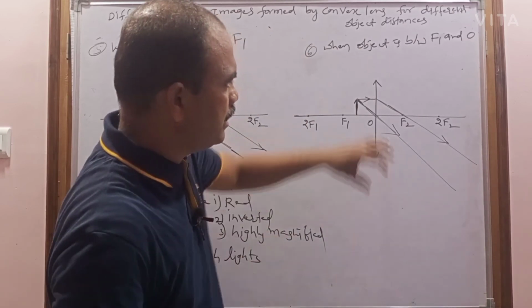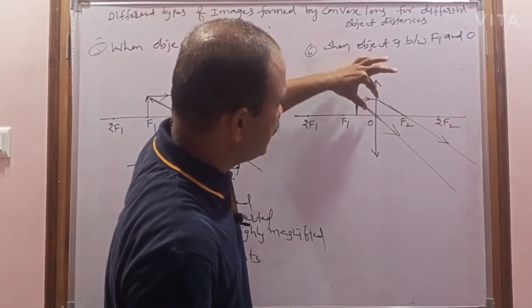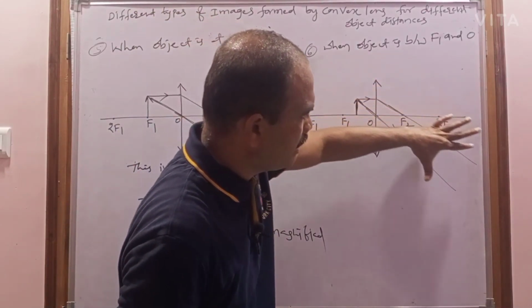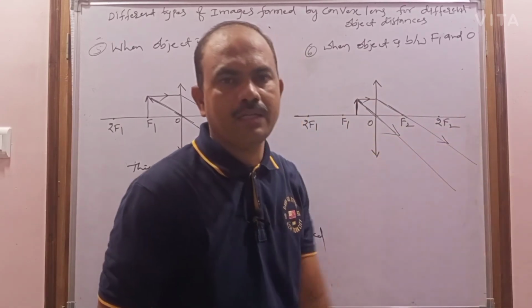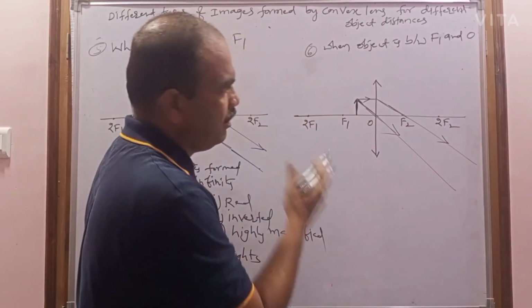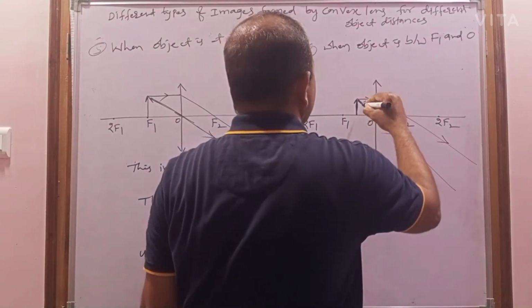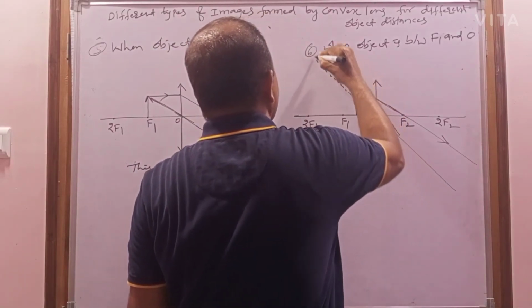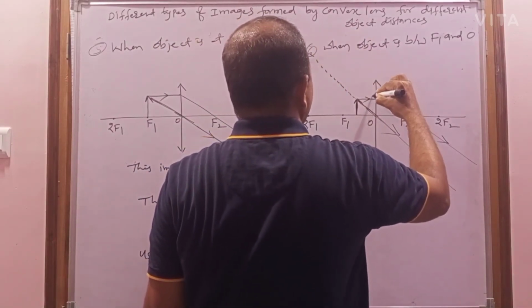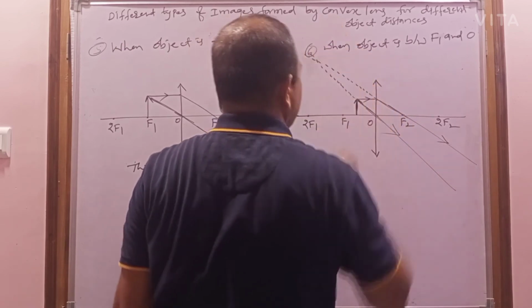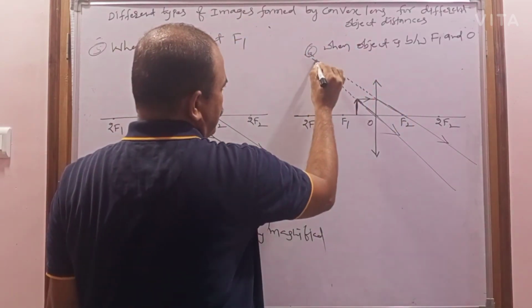But when we observe these two refracted rays, the distance between them gradually increases, so they never really intersect. So we have to extend them back. When they are extended back, you can observe that they appear to intersect at a point.